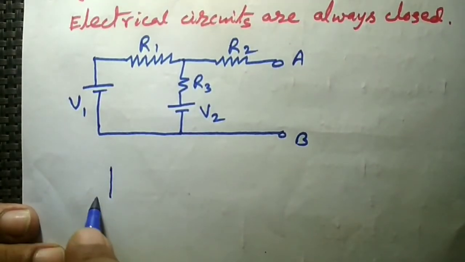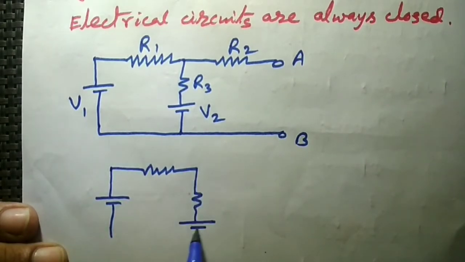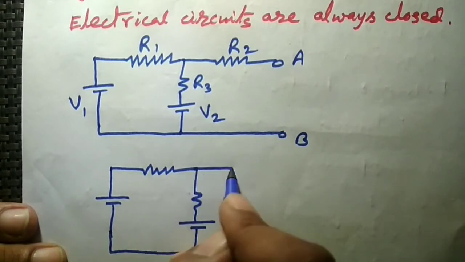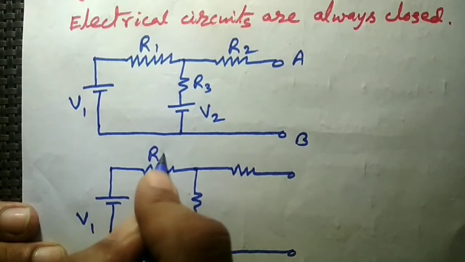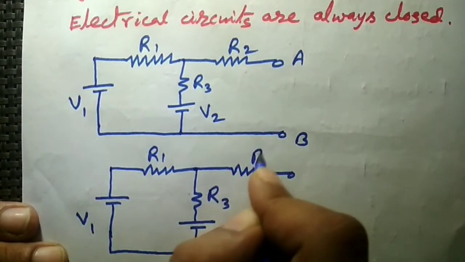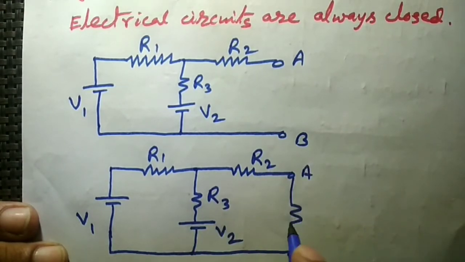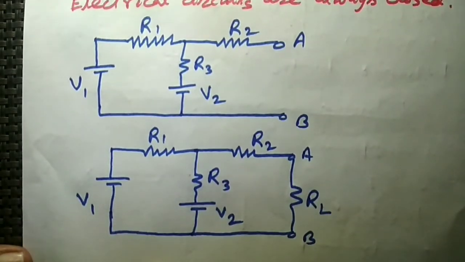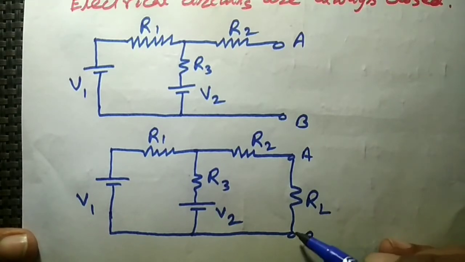But if we make another interconnection of resistances and voltage sources, so it is almost the same as the previous interconnection of elements, but here the terminals A and B are joined by another resistor, that is the RL.